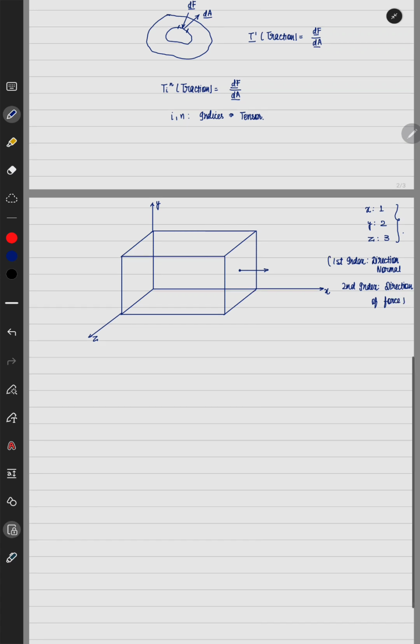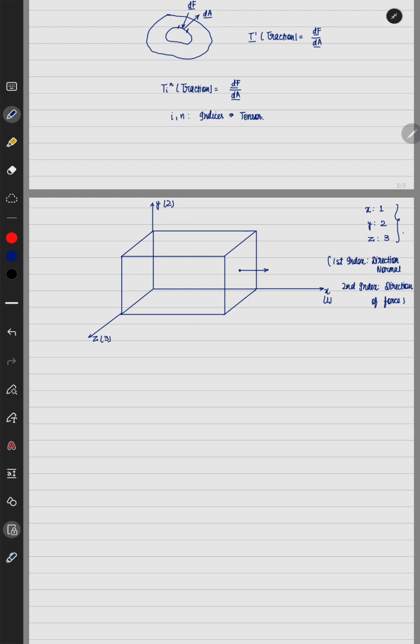I have said that there will be two different indices associated with a tensor. So traction is a tensor which will have two different indices. The first index will give the direction normal or the direction of area, and the second index will give the direction of force. So this is x, or represented by 1. This is y, represented by 2, and this is z, represented by 3.